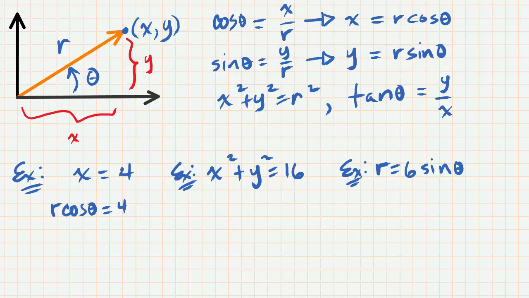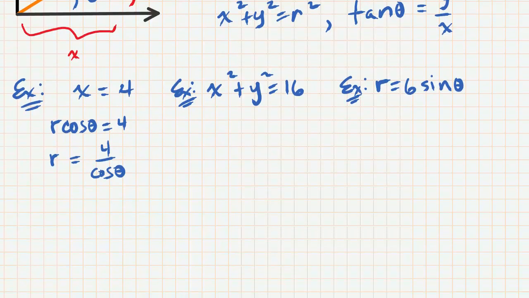Just like in Cartesian, we often will solve for y. In polar, we often will solve for r. So we need to divide both sides by cosine of theta. And if we rewrite that by converting cosine to secant, we would have 4 secant of theta. And you can probably see the pattern here.